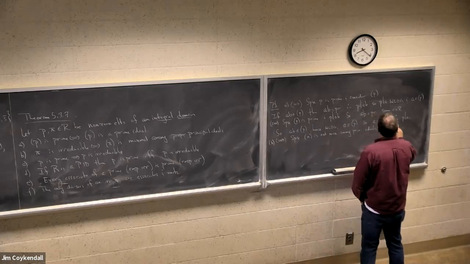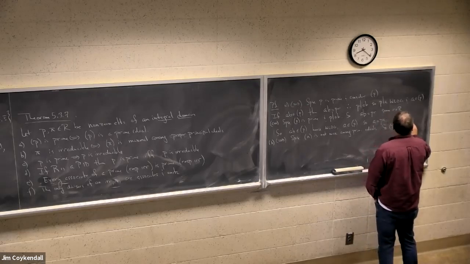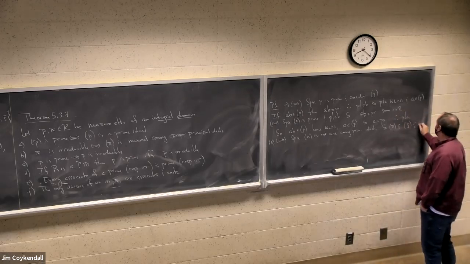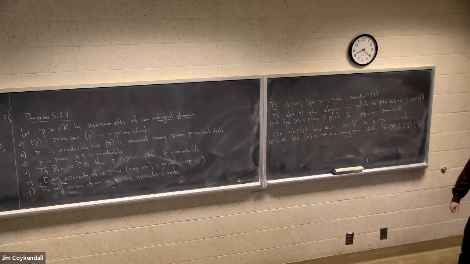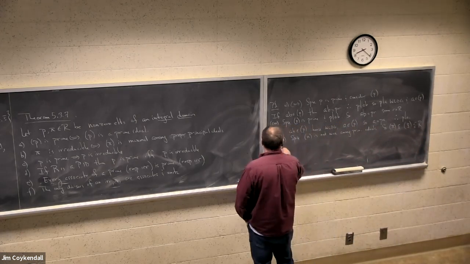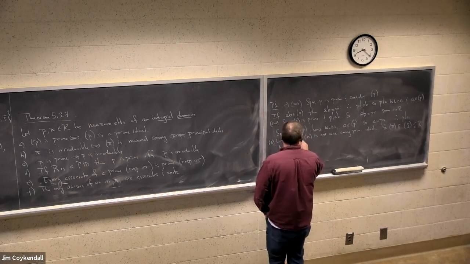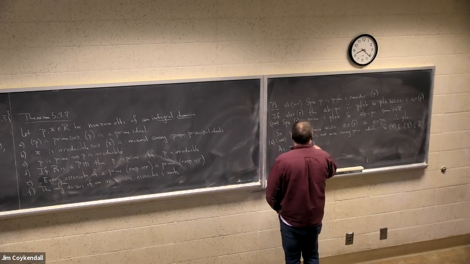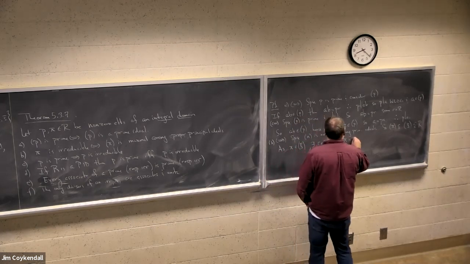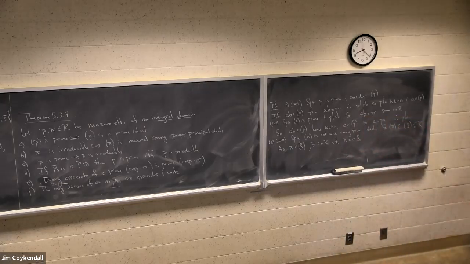So what does this mean? There's a principal ideal that strictly contains the ideal generated by pi. As pi is in this ideal, there exist R and a generator such that pi is R times that generator.